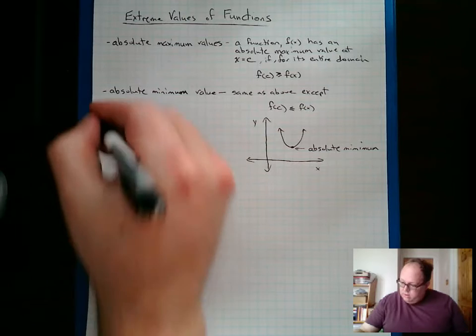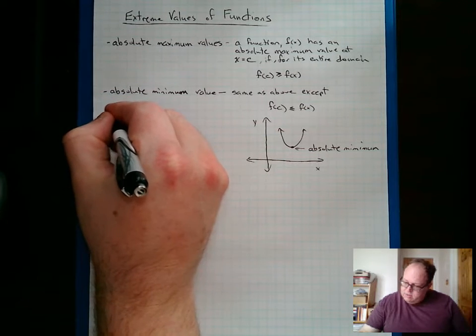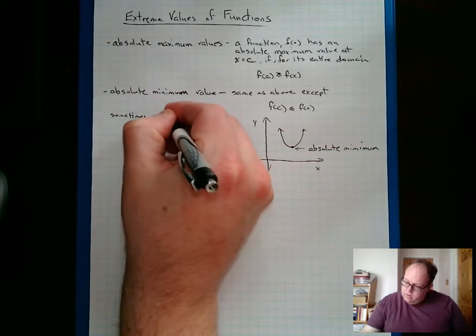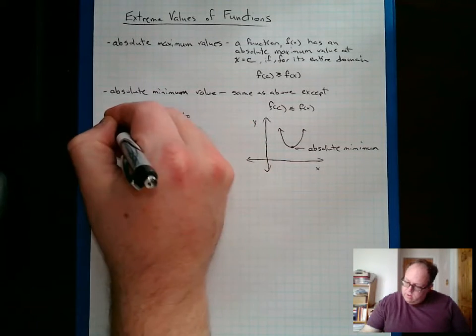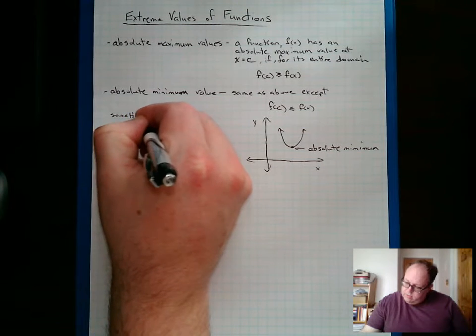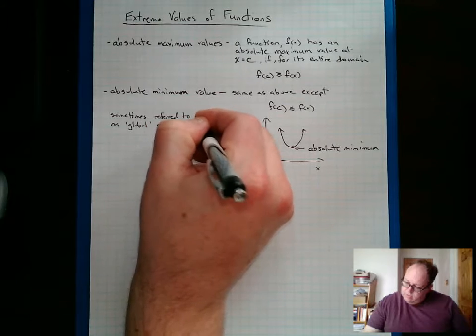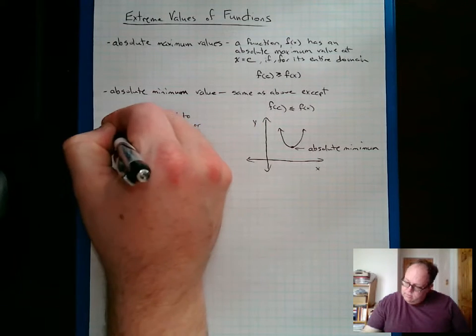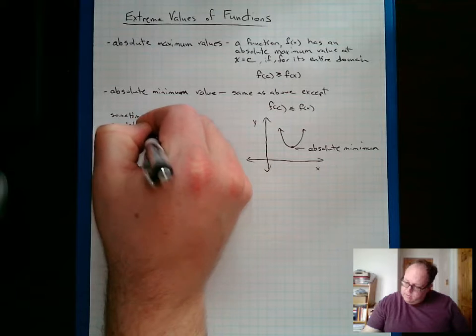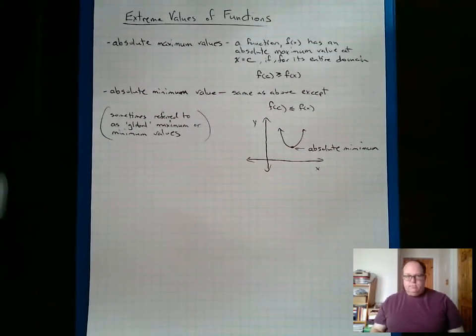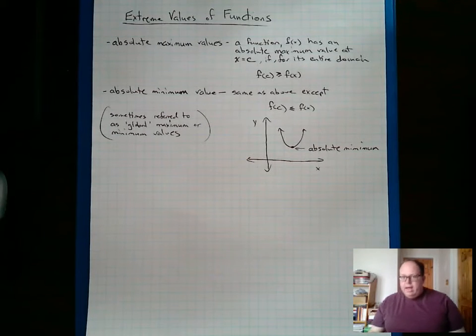It's worth noting that sometimes these are referred to as global maximum or minimum values. And collectively, maximum and minimum values are referred to as extreme values or extrema.